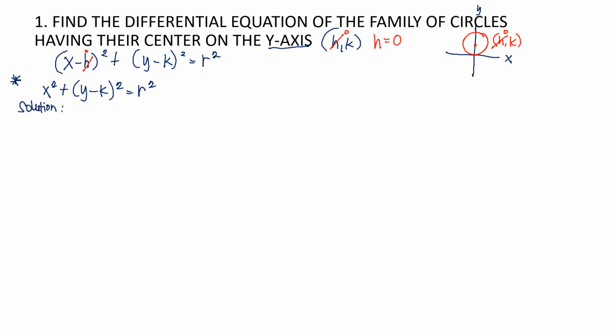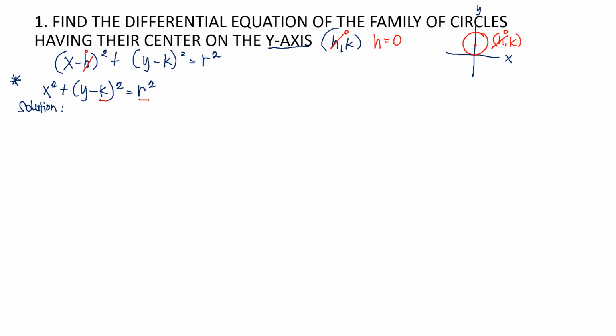In elimination of arbitrary constants, the number of constants or parameters we have is the number of times we have to differentiate our equation. We have two parameters or arbitrary constants, which are r and k, so we will be differentiating twice.